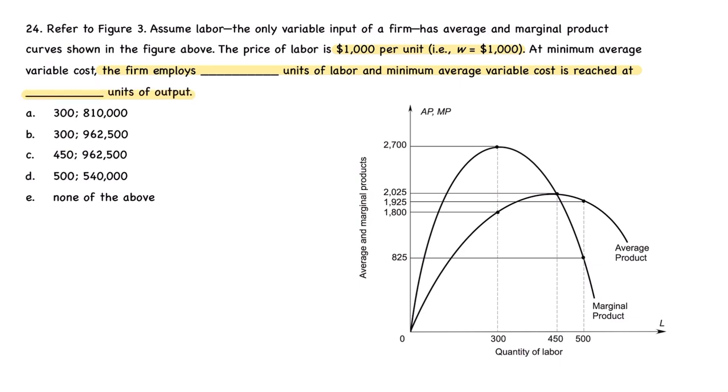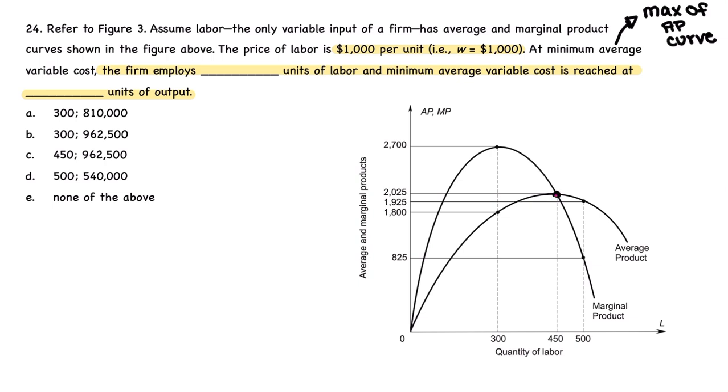So we care about minimum average variable cost, which means we care about the max of our average product curve. So we care about right here.